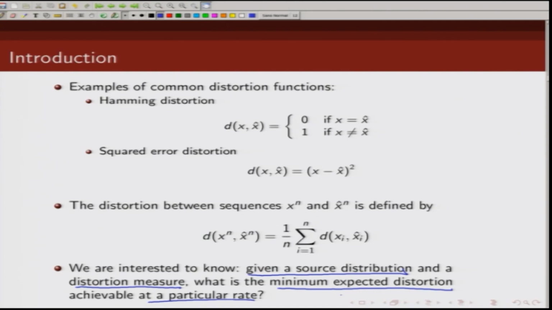We can ask this question in a different way also. Given a source distribution, a distortion measure and an average distortion criterion, we are interested in knowing what is the minimum rate that can be achieved.